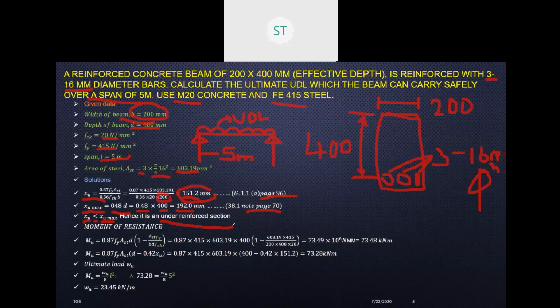If the value of Xu by d is less than the limiting value, that is Xu max by d, calculate the moment of resistance by the following expression. Mu is equal to 0.87 fy Ast d into bracket 1 minus Ast fy divided by b d fck, close bracket.